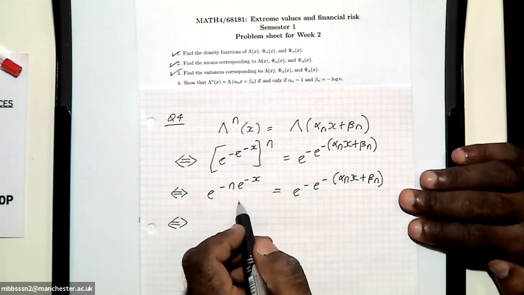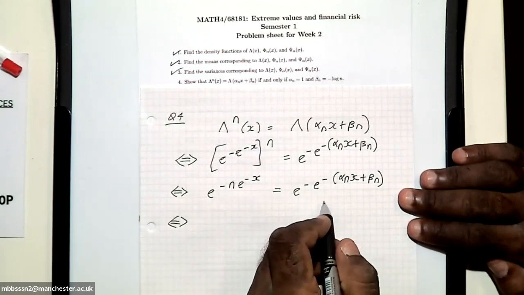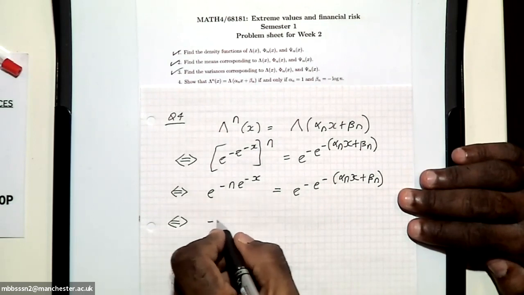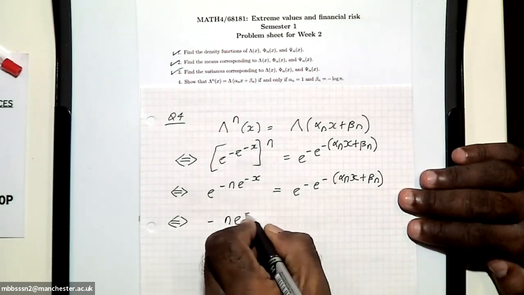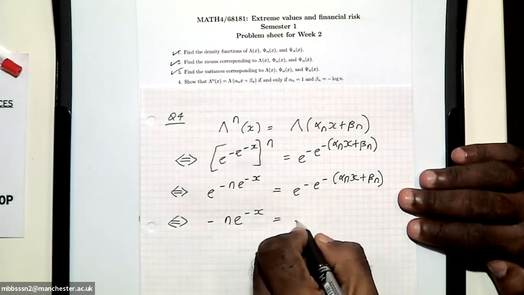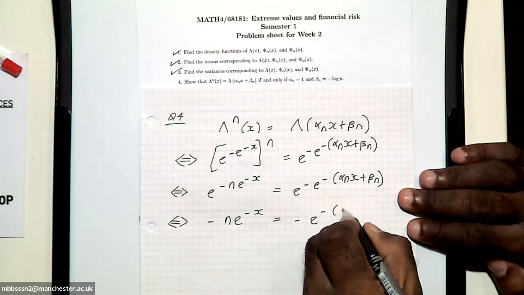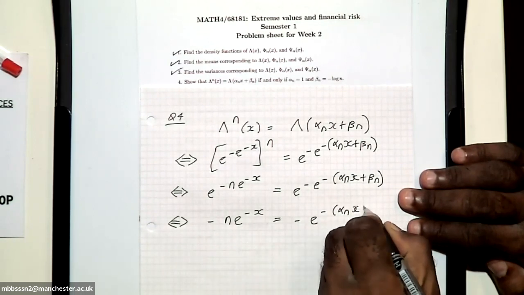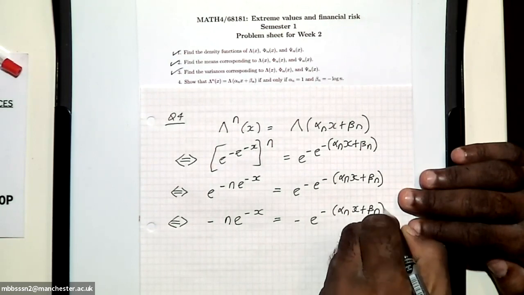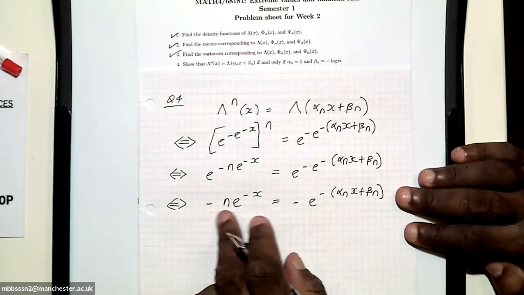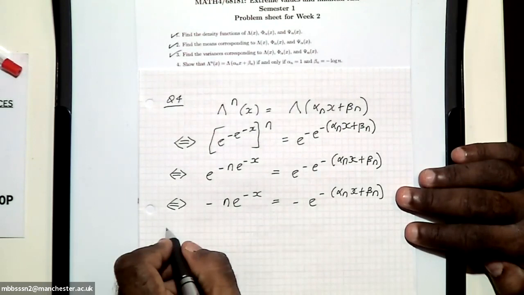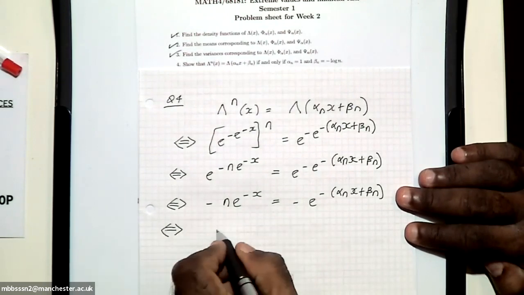You take the log on the left-hand side and the log on the right-hand side. You will get minus n, and the minus cancels. So you get n.